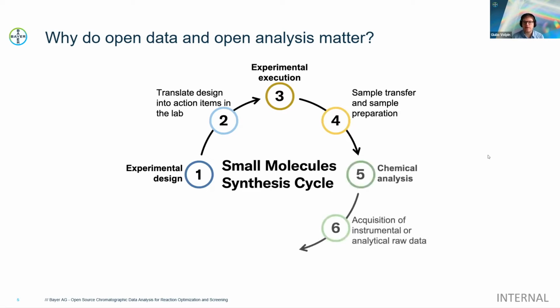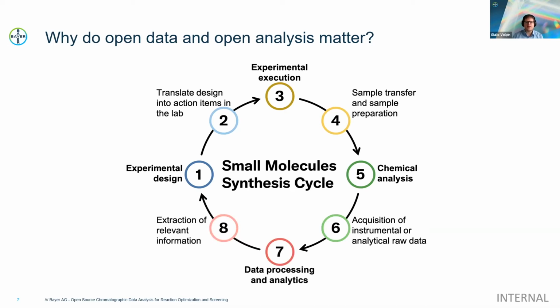We have to prepare our sample ready for our chemical analysis. We have to acquire the data of our analysis. I would say 90% of the data we acquire is done by HPLC. And we have to process this data and analyze and understand what actually happened in our reactions.